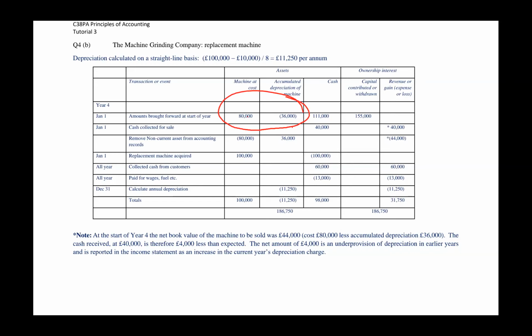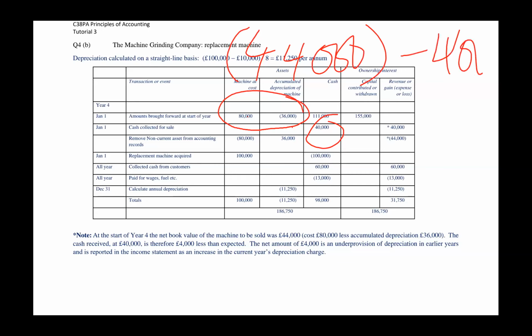Now, after having this cost of 44,000, we decided to sell this asset for, let me show you. The cost of the machine is now 44,000 because the net book value is negative. Let me put a negative so that you understand. We have sold this asset at what? 40,000. Have you seen?